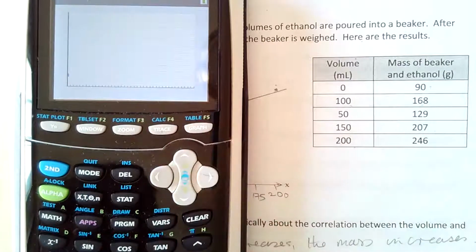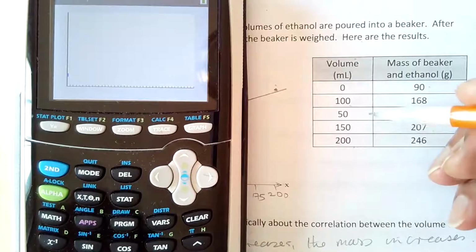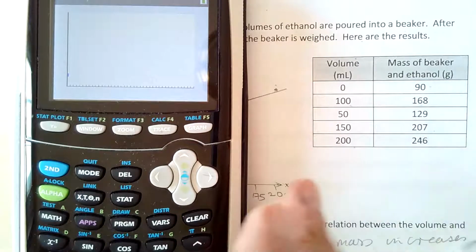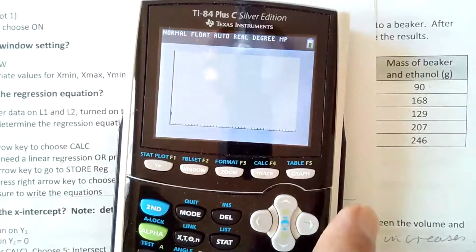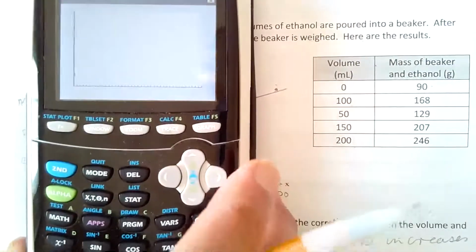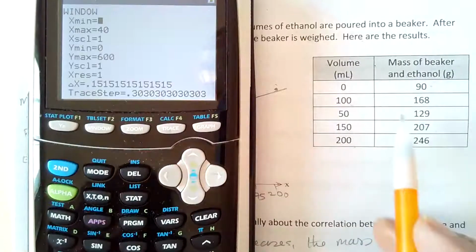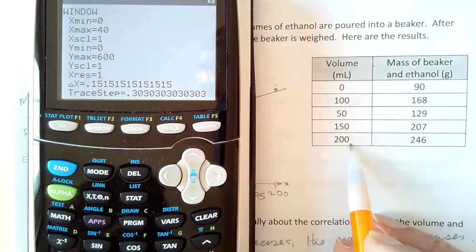I go to my graph and notice I don't seem to see any points here. So I need to set my window, and I'm just following the instructions here. I did my stat plot already. So I'll go to my window, and my X maximum should be at least 200.